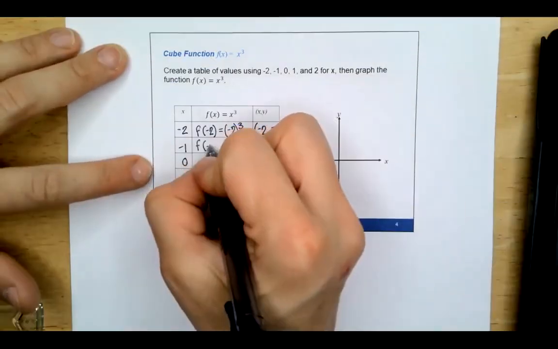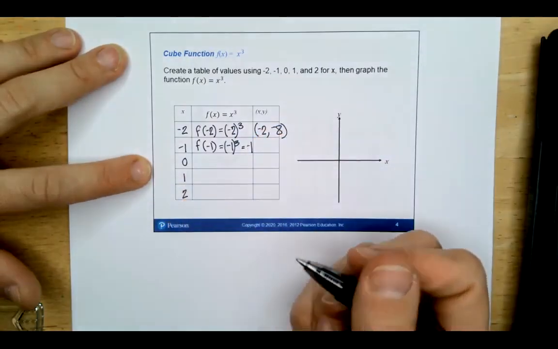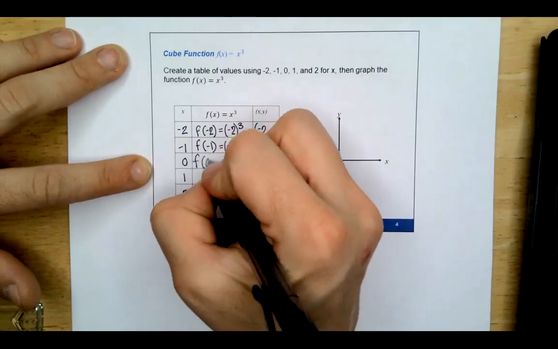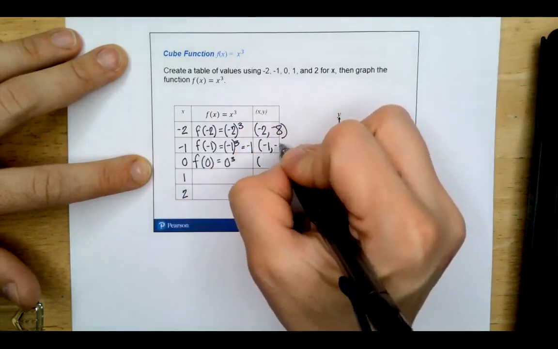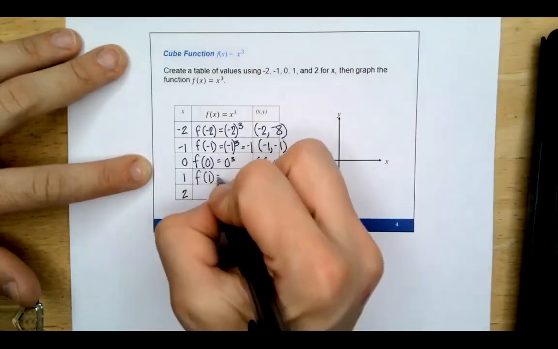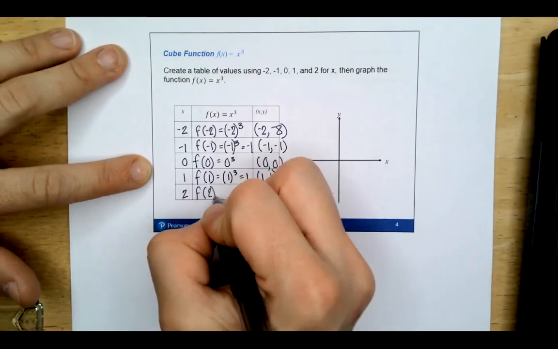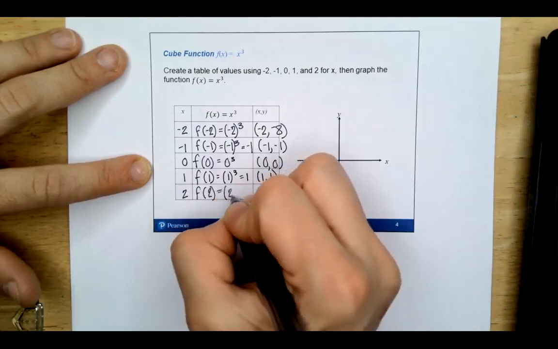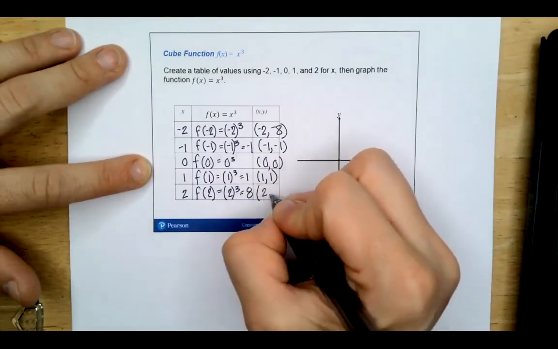Good. -1 cubed is -1. 0 cubed is still 0. Oh, sorry, -1, -1, 0, 0. 1 cubed is going to be 1. And then 2 cubed is going to be +8.